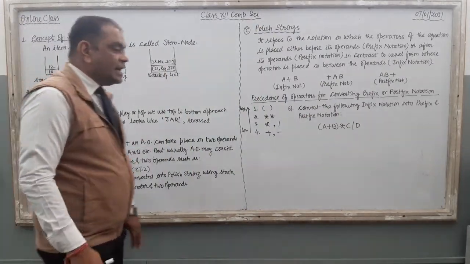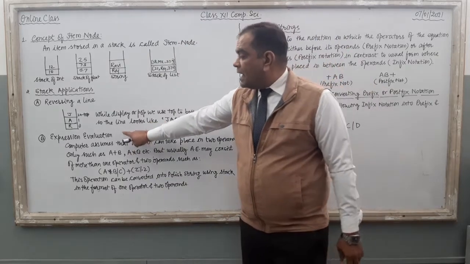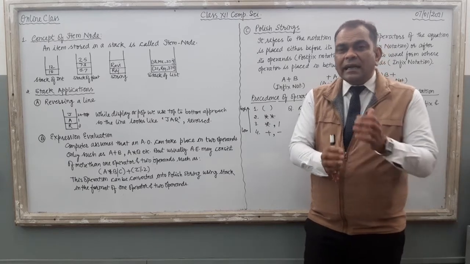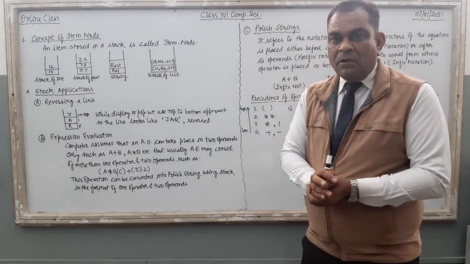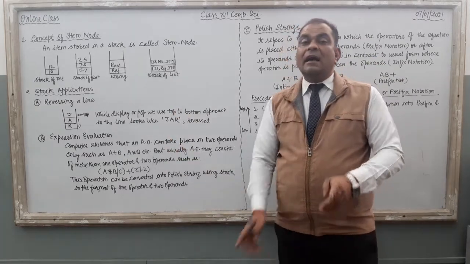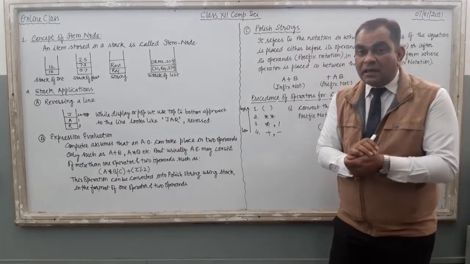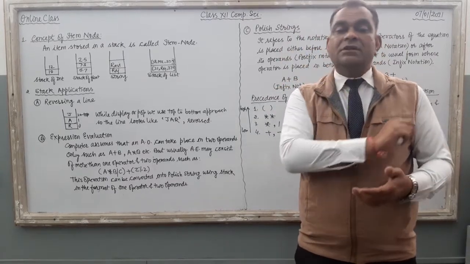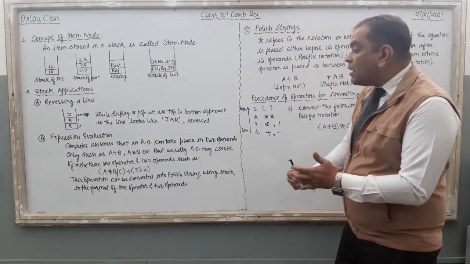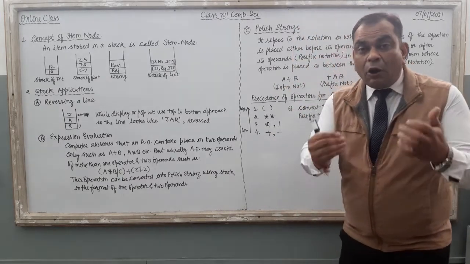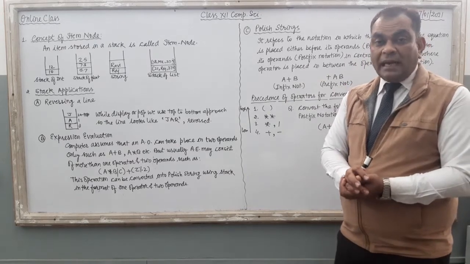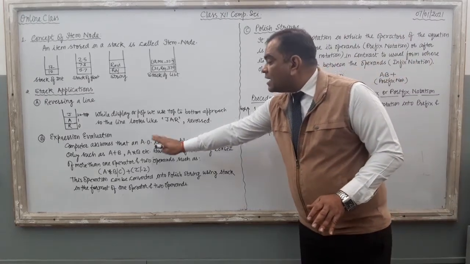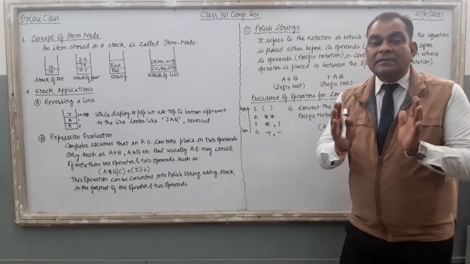Now just see what is there in the second application. Second application is expression evaluation. Here, it is somehow a complex term, but the basic concept behind it is this: as you know, our computer works in binary language only, right? And if you supply any arithmetical operation to your computer, the computer treats the arithmetical equation in a specific format.